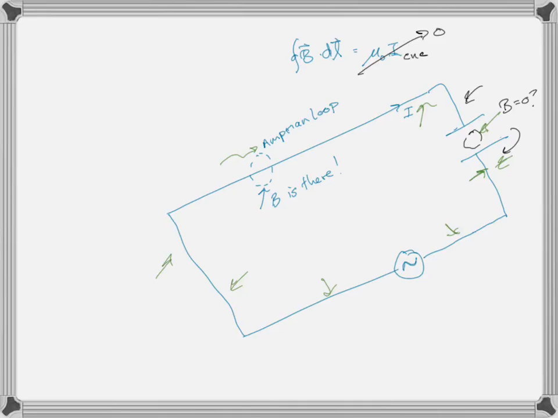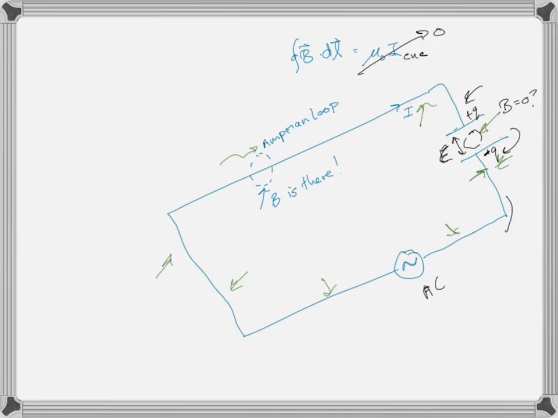What we do know in between the capacitor plates is that there's a changing electric field. Because this is an AC power source, it's going from a plus charge here and a minus charge here, and switching so that there's a minus charge here and a plus charge there.